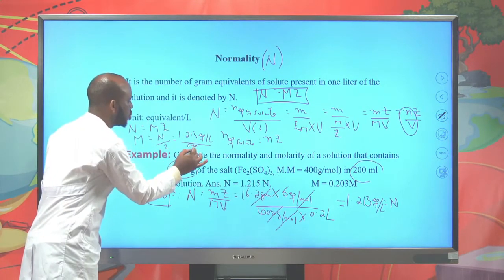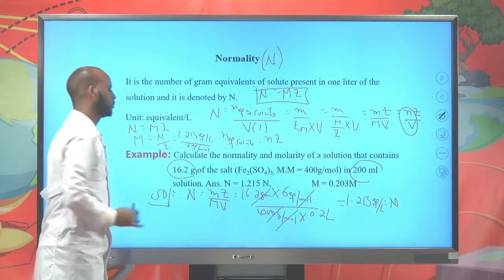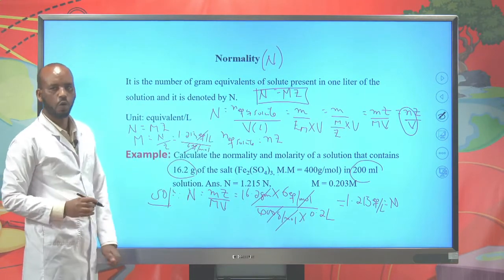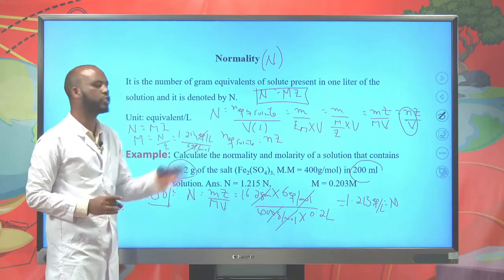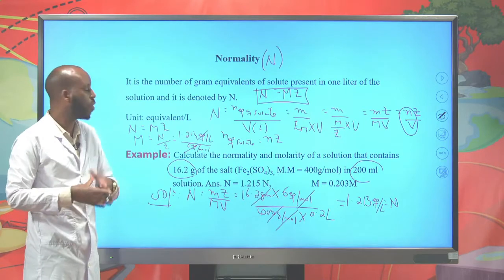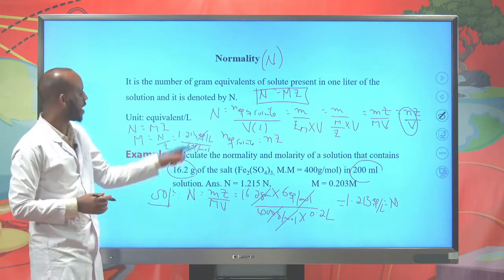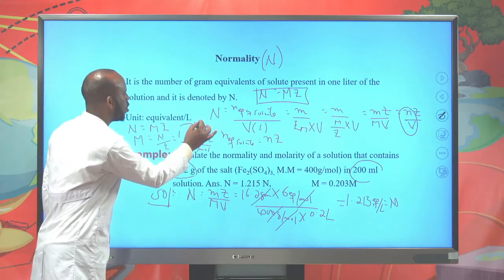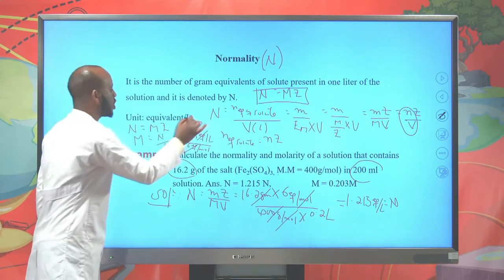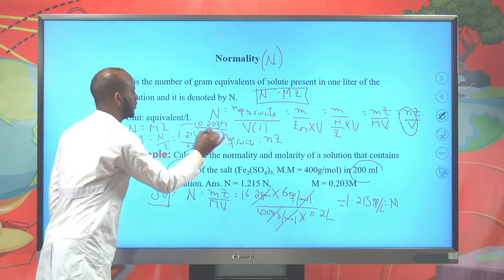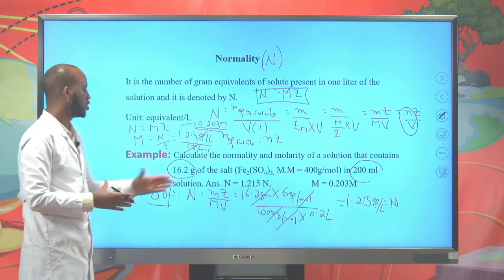Equivalent is cancelled by equivalent, and we are left with mole per liter, the unit of molarity. Therefore, 1.215 divided by 6 is 0.203 molar. 0.203 molar is the molarity of this solution.